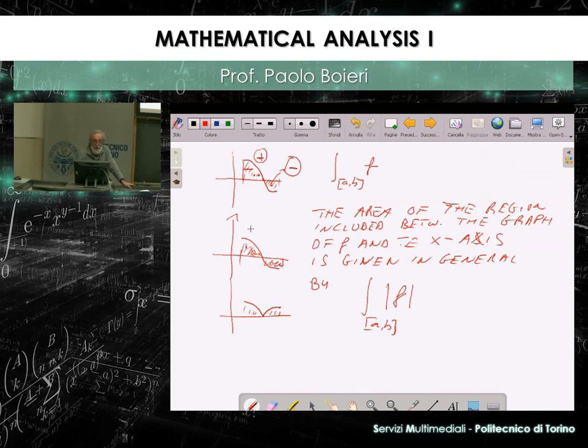For the positive part, the integral of f and the integral of the absolute value are the same. Okay? But for the negative part, if you compute the integral of f, you get this area with a minus. But if you compute the absolute value, you get this area with a plus. The area of this equals the area of this, because they are symmetric regions. And then you get the complete area. Okay?